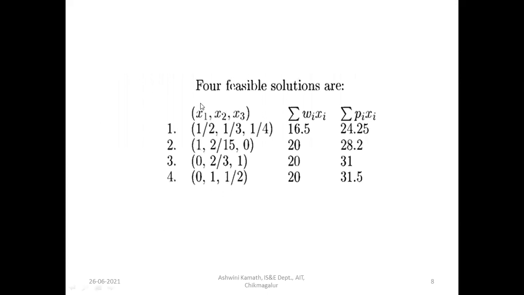The 0 means we have not added the first item. 1 means we have added the second item completely. And half of x3: the third item is added only half.